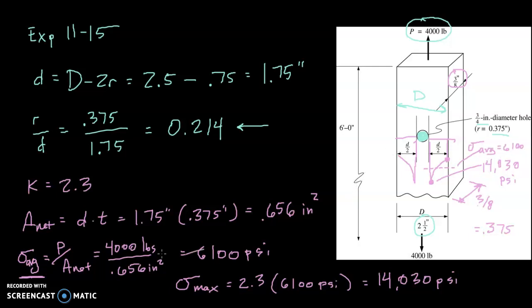Okay, so that's how we find both the average and maximum stress when we do something like drill a hole in a tension member. Okay, I think that does it for Chapter 11.